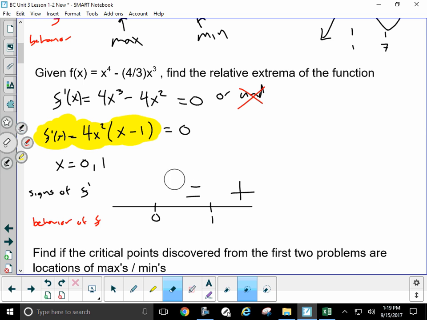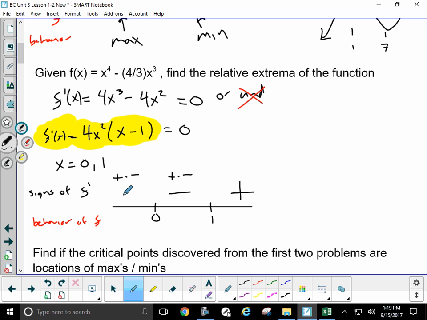If I plug in negative 0.5 though, we're going to take that value and square it, making a positive times 4 is a positive, and then negative 0.5 minus 1 is a negative, so this is a positive times a negative as well. So that means it's a negative.